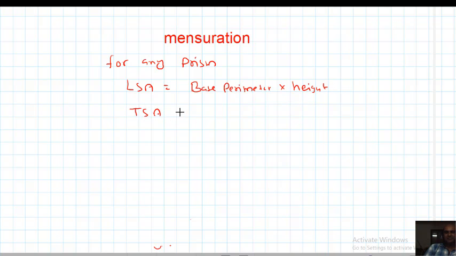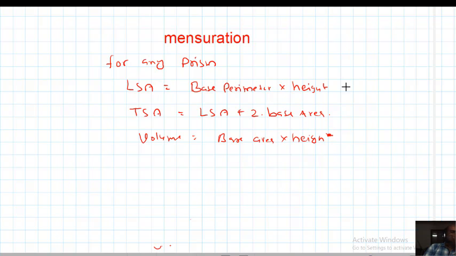TSA equal to LSA plus 2 times base area. Volume equal to base area into height.